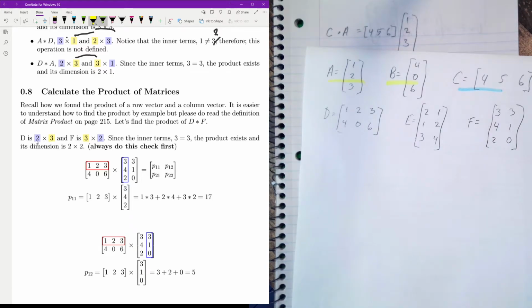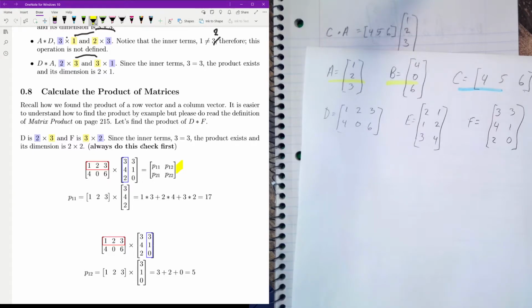Noting that a 2 by 3 and a 3 by 2, the inner terms are equal, so 3 equals 3, and we can do this operation. Then we ask, what is the output going to look like? The output is the outer two numbers, a 2 and a 2. So we know right off that the product output is going to be a 2 by 2 matrix.